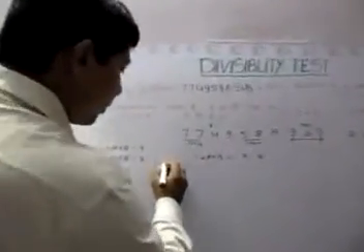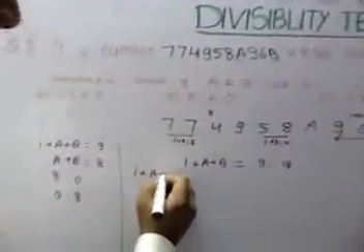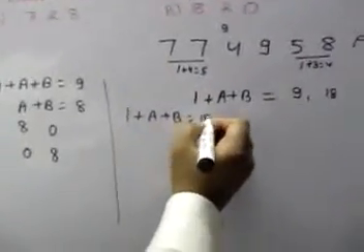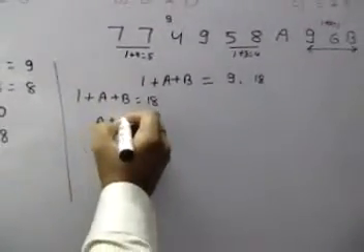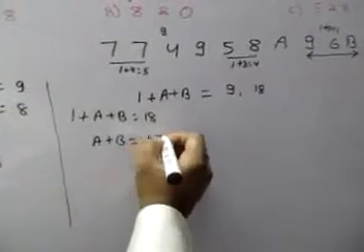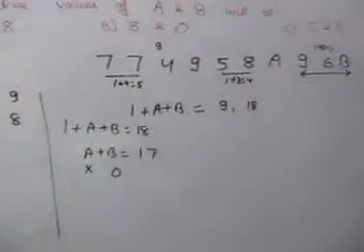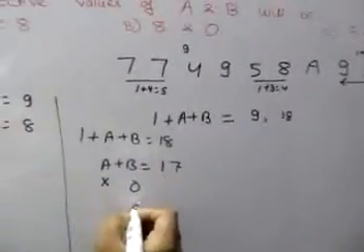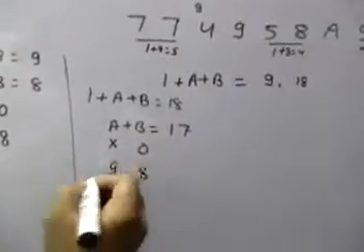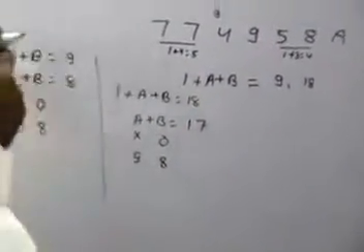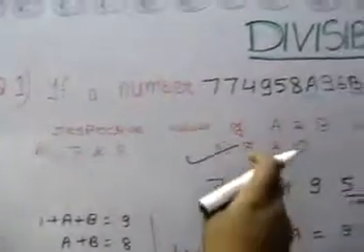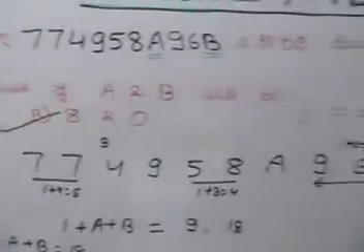Next case is 1 plus A plus B equal to 18, or A plus B equal to 17. If B equal to 0, no value of A exists as A is a digit. If B equal to 8, A equal to 9 will satisfy this condition. Now have a look at the given options. 8 and 0 is a given option that satisfies the condition. Hence our answer is option B.